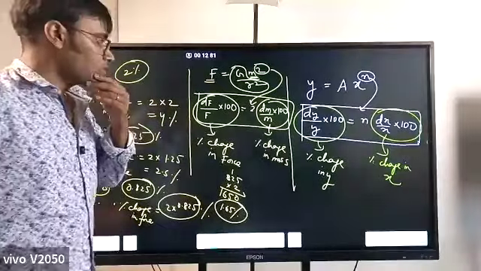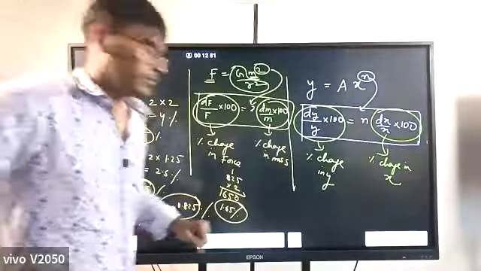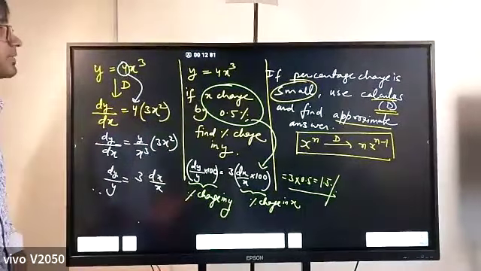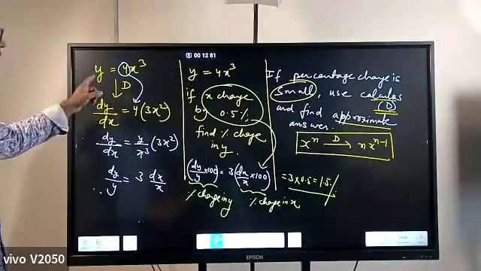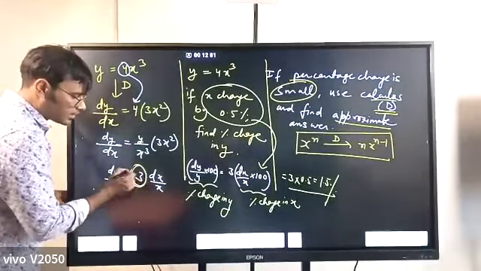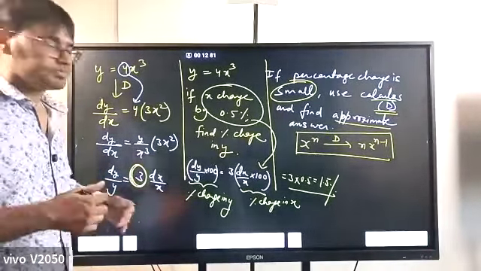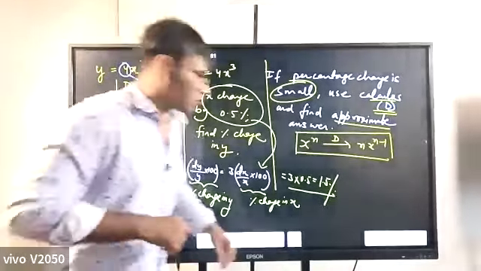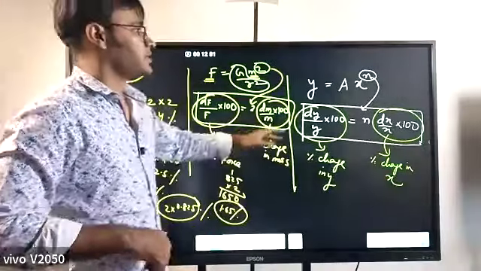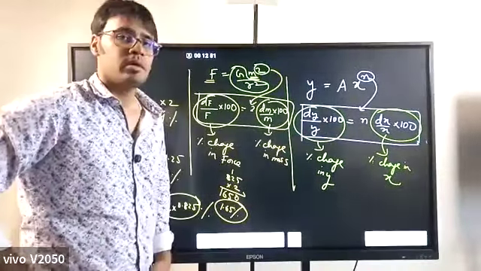So, those who know calculus, for them I explained the derivation. This is the derivation. You can see over here, the power will come in front. Those who don't know calculus can just use this formula.